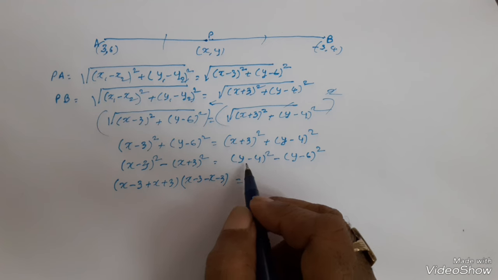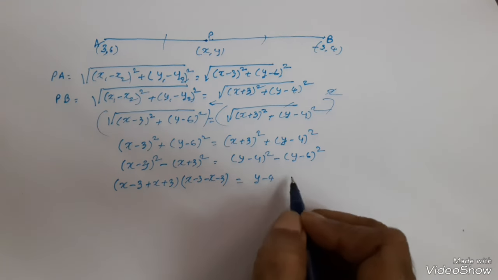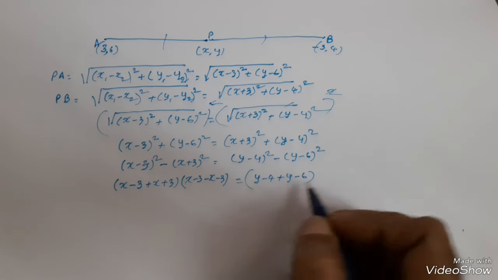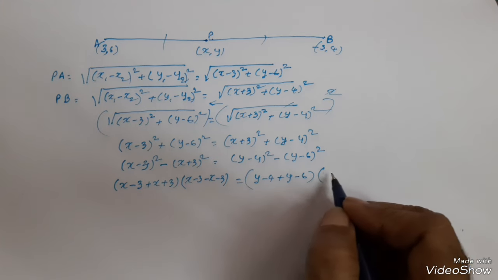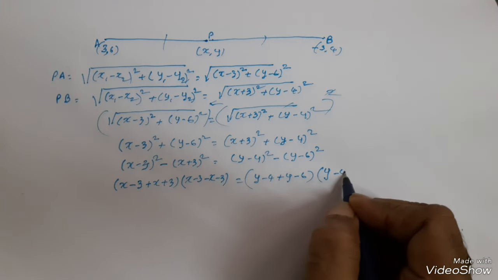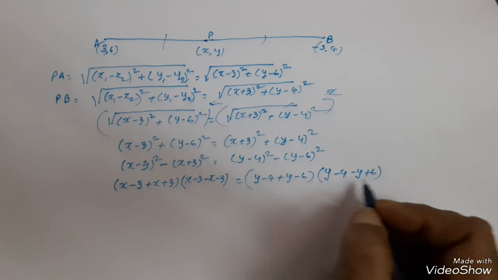Here, y minus 4, a plus b, so plus y minus 6. So a square minus b square is a plus b into a minus b: y minus 4 minus y plus 6.